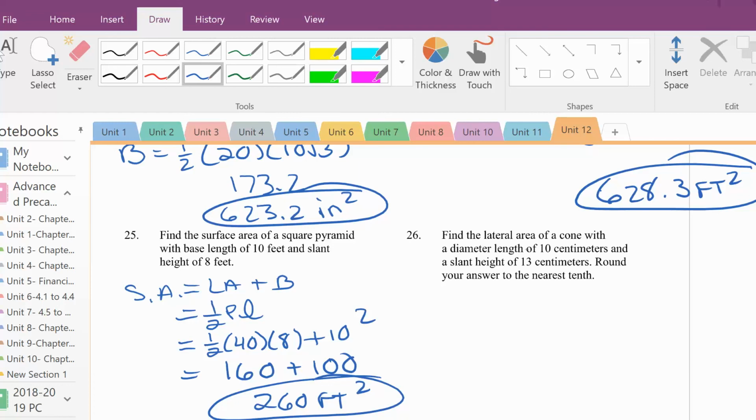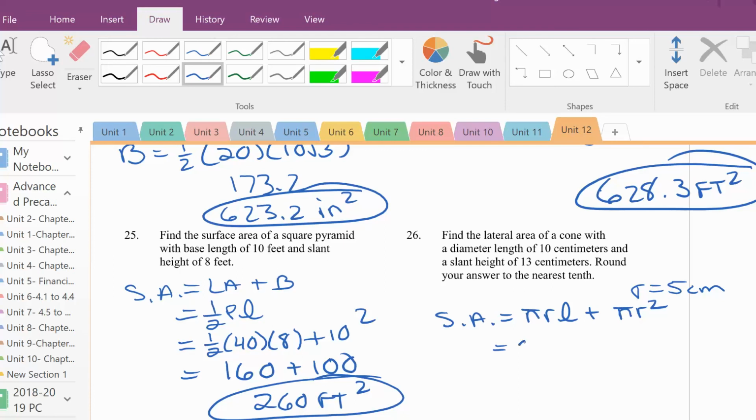Here it says find the lateral area of a cone with a diameter of length 10. That means the radius is 5. A slant height of 13. So remember, surface area is equal to the lateral area, which is pi RL, plus the area of the base, which is pi r squared.